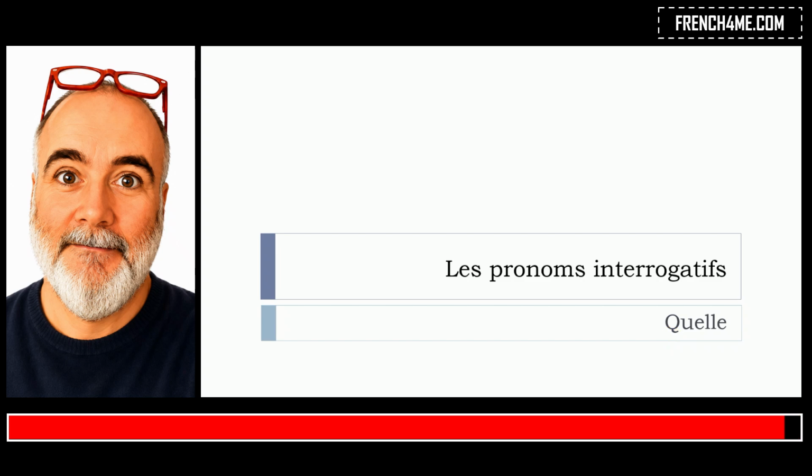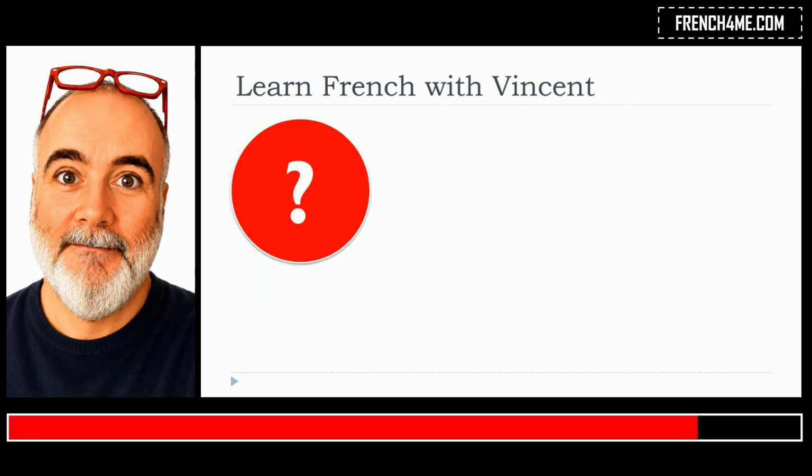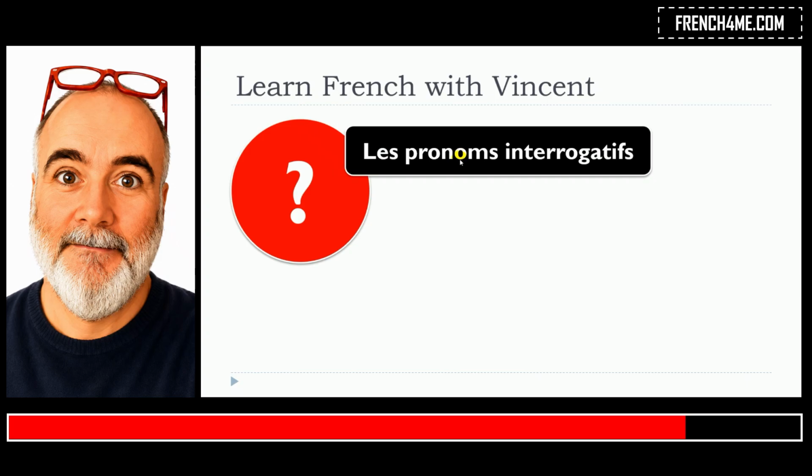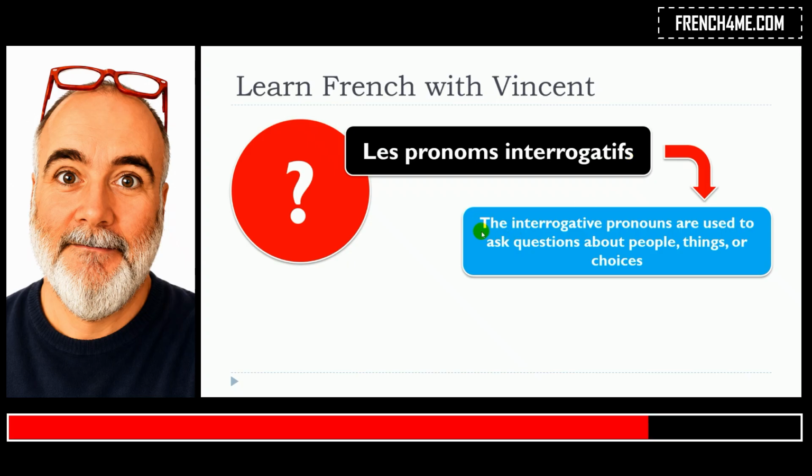In this lesson, we will see together les pronoms interrogatifs, but more precisely, we will see quelle. So, what are les pronoms interrogatifs? Well, we'll have two things to answer. That's the first one.